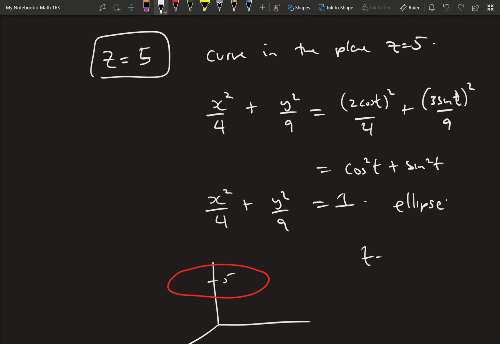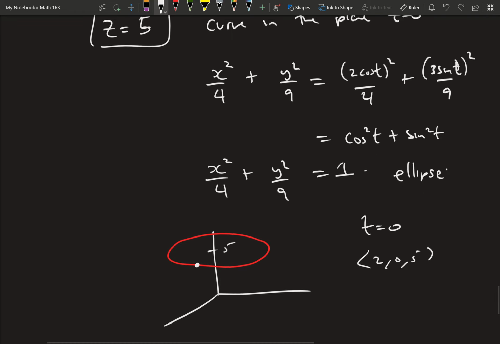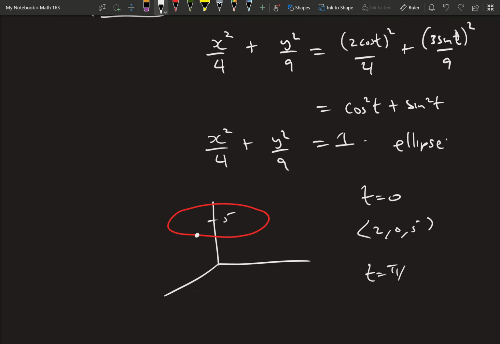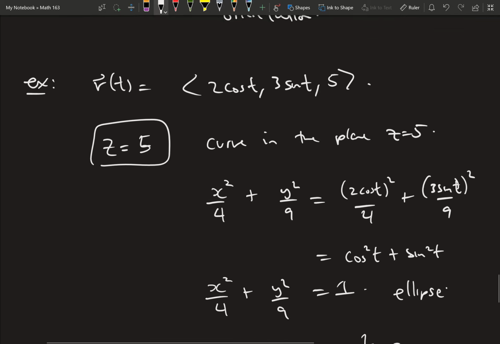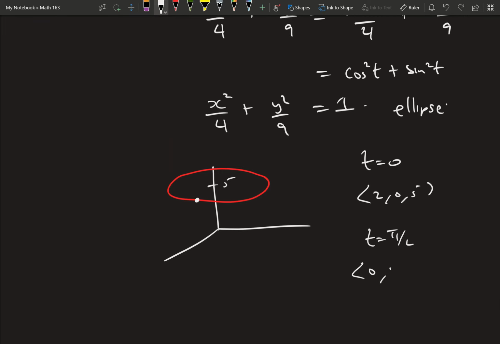Well, if we plug in t equals 0, we would be at the point 2, 0, 5, which is right here. If you plug in, say, t equals pi halves, we would be at 0, 3, 5, which is right here, and hence we're oriented this way. Okay, so those are some examples of curves.